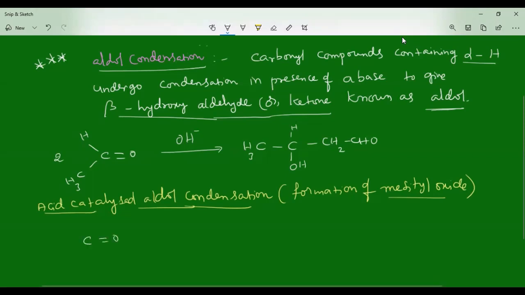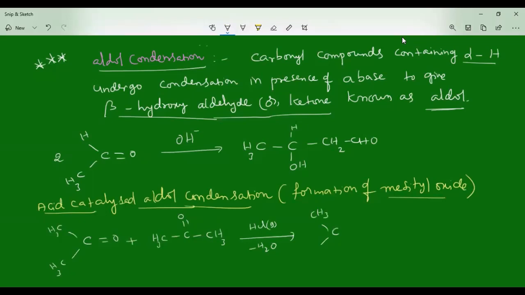Acetone is nothing but propanone. You take one acetone, and another acetone in a linear manner, for representation only. Then you just remove the water molecule, which happens in the presence of hydrochloric acid, by abstraction of water leading to the product.